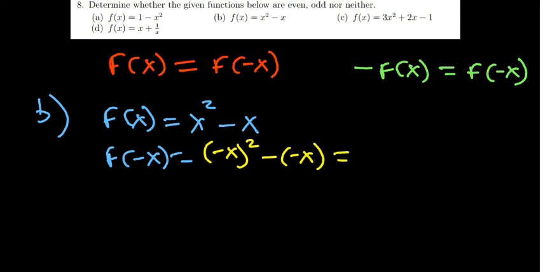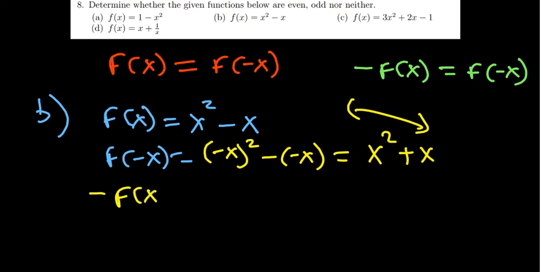So what I'm getting is x squared plus x. There's a difference in terms of a sign, so it is not an even function. So I will straight away try negative of f of x. Negative f of x means you multiply the original function by a negative, so it will be negative x squared plus x. So it has also disagreed. There is no agreement, so it's neither even nor odd.